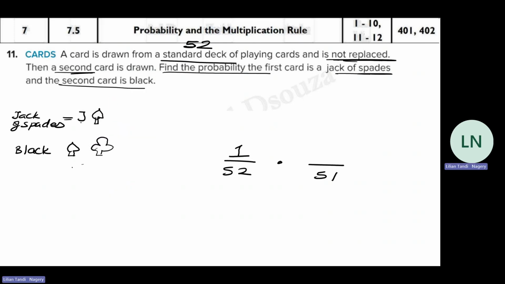Okay. Now there's 13 spades and there's 13 clovers. So altogether there's 26 of them. Now what is the question? We are not replacing, okay?